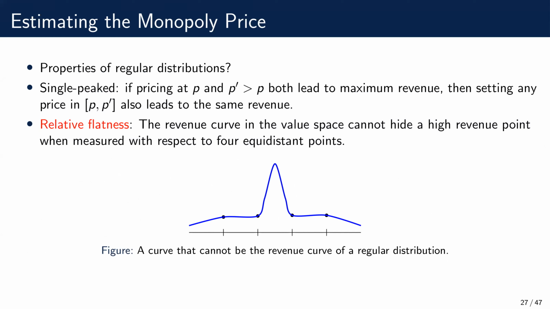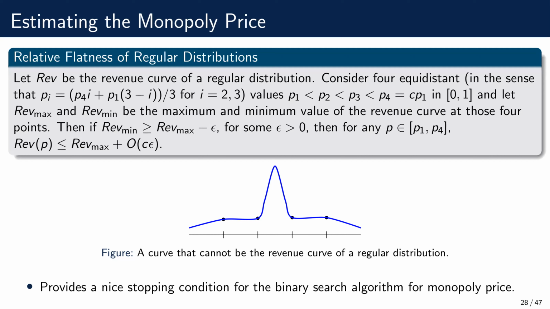This means that due to the concavity of the revenue curve in the quantile space, although the revenue curve in the value space is not guaranteed to be concave, it cannot hide a high revenue point when measured with respect to 4 points of equal distance. You can see from the figure what it means.